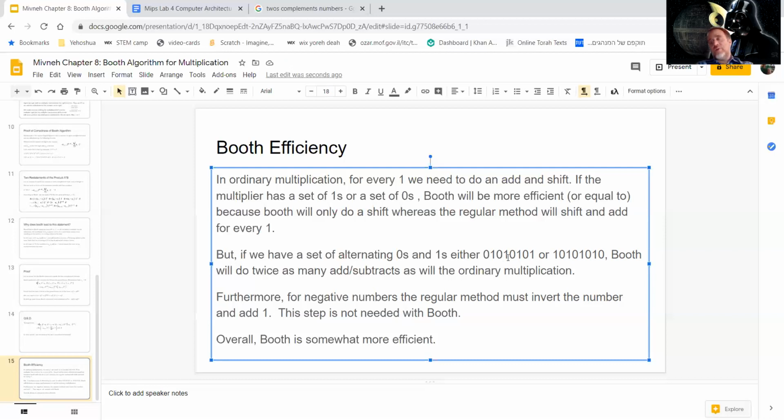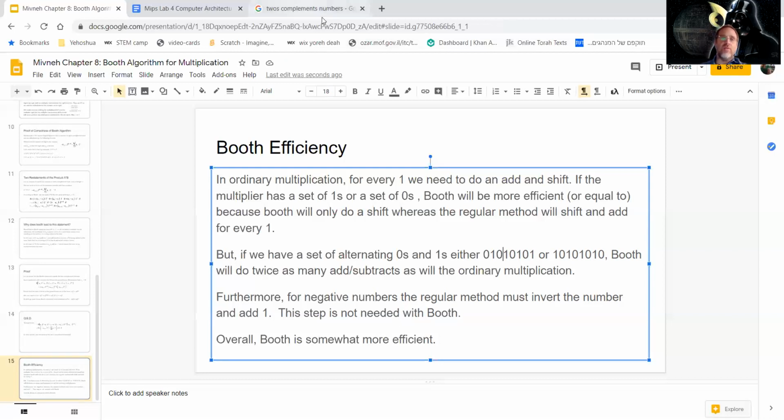But in some cases, Booth will be better, when there are lots of ones in a row or lots of zeros in a row. So is it more efficient? Not sure. But according to what he wrote, it's more efficient.